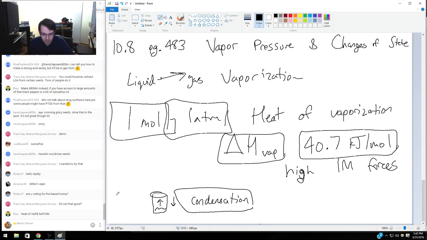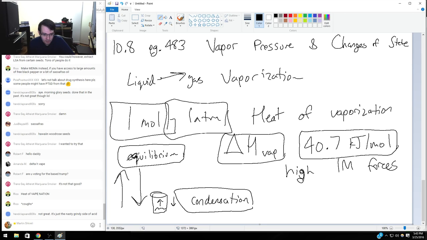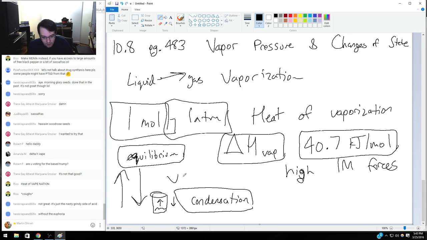And eventually, the amount of vaporization and the amount of condensation will be equal, and there'll be an equilibrium. We'll learn more about equilibriums in a future chapter. The pressure that's there at the equilibrium is what we'll call the vapor pressure.